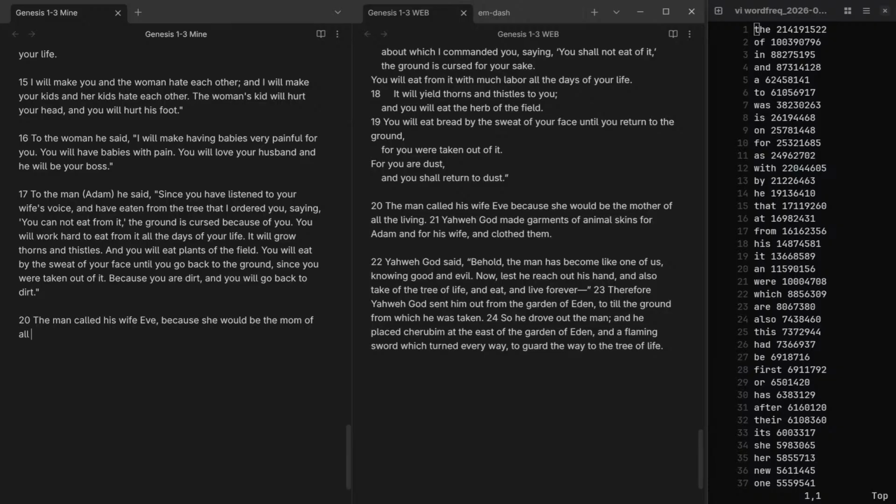All the living? All the living. We'll just leave it like that. Made clothes from animal skins for Adam and for his wife. And clothed them.